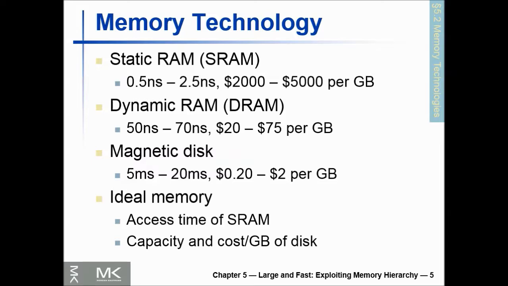It is called dynamic because it needs to be refreshed regularly. On the other hand, static RAM or SRAM has low density, consumes high power, and is expensive and fast. Here the contents will last forever until power is lost.